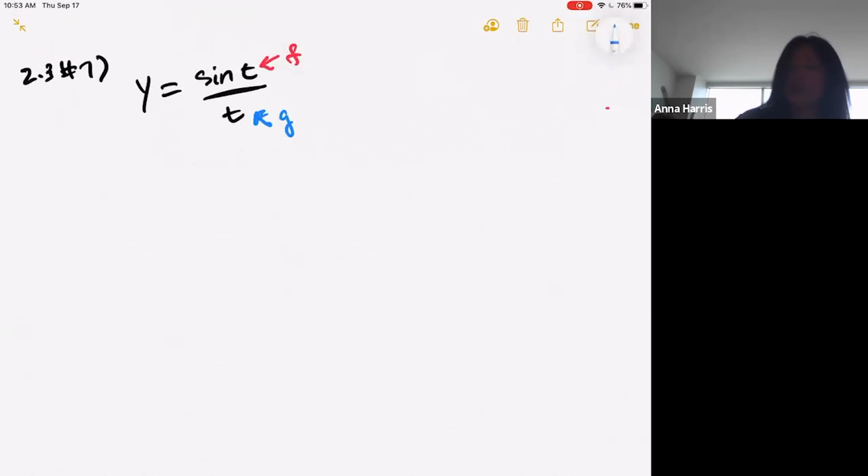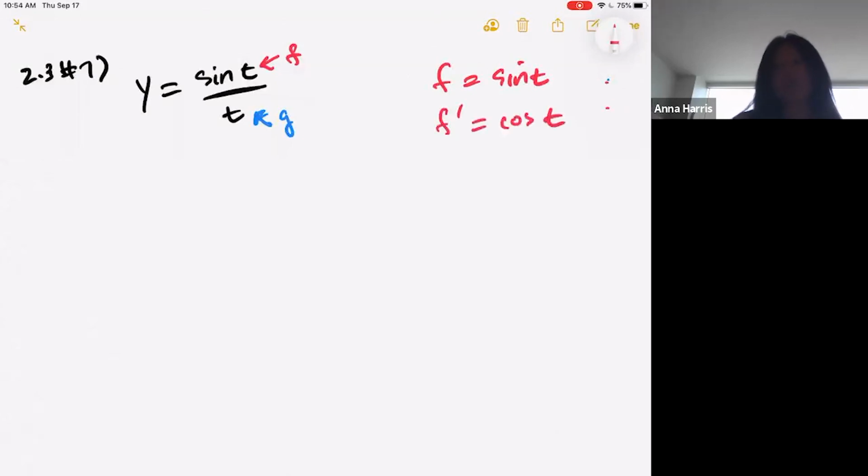So what does the quotient rule say? Anyway, let's do that first. Just write down all the things we're supposed to know. So my f is sine t. My f prime is what? Cosine t, simply cosine t. My g is t, so g prime is simply 1.